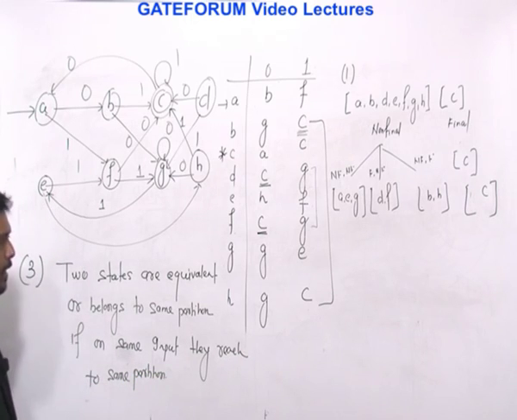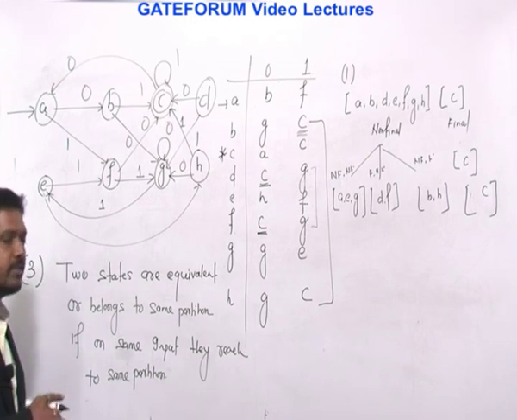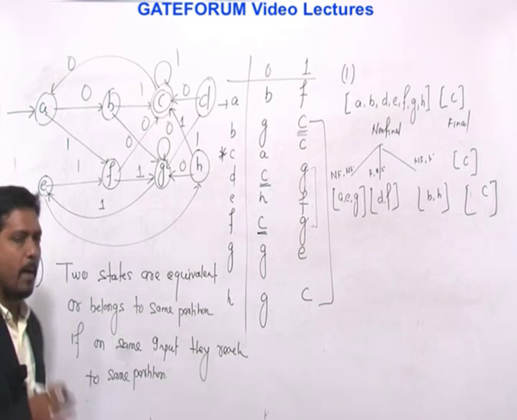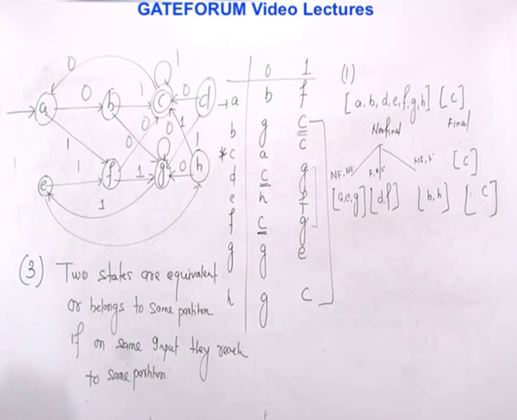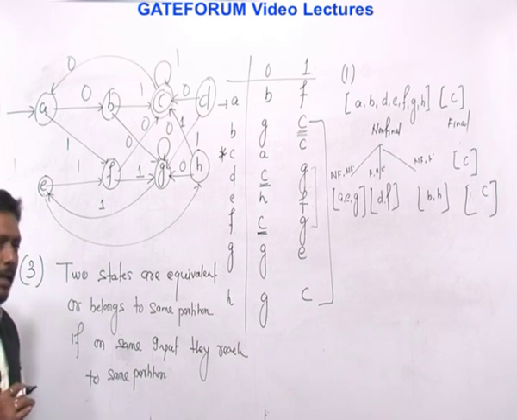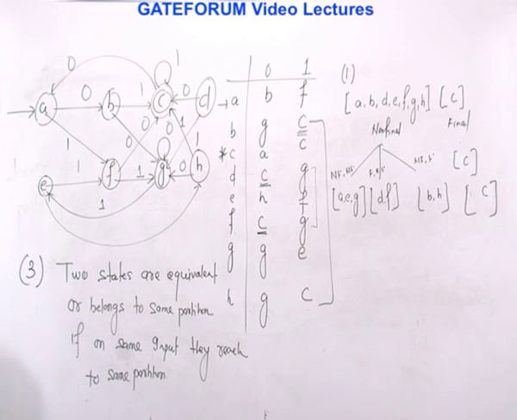So now we don't need to think in terms of states, we have to think in terms of partitions. A and E, like two states, are equivalent if on the same input they behave the same, meaning they reach the same partition.